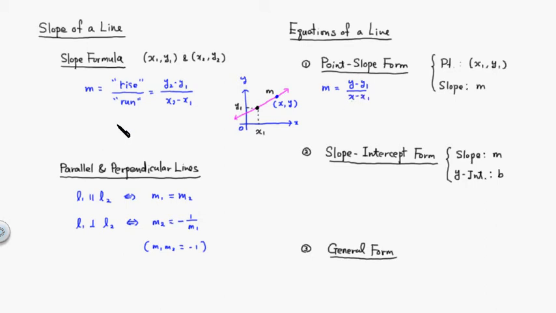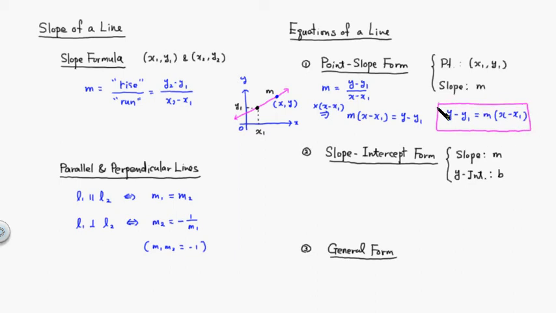Multiplying both sides by the denominator, we get m times the quantity x minus x1 equals y minus y1. Point-slope form is usually written backward: y minus y1 equals m times the quantity x minus x1. And we have this familiar form.